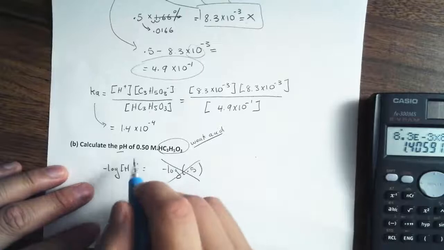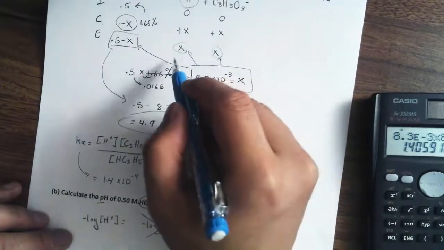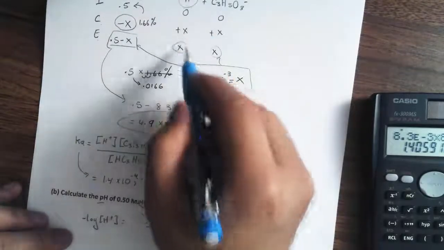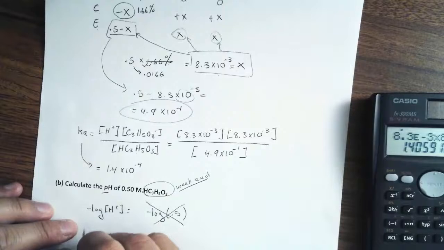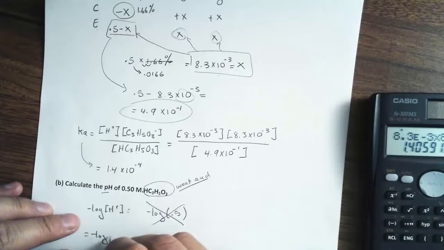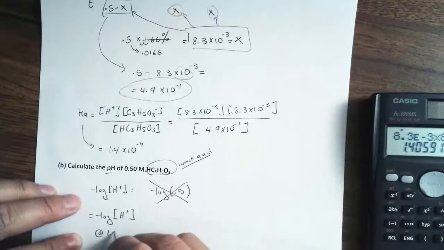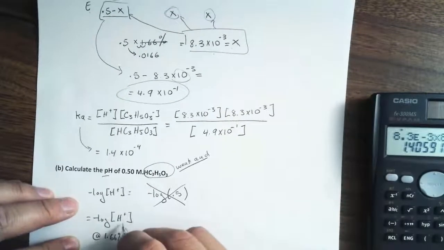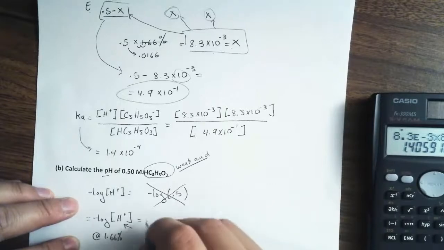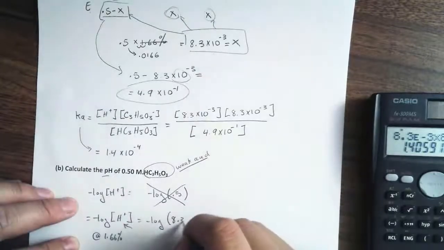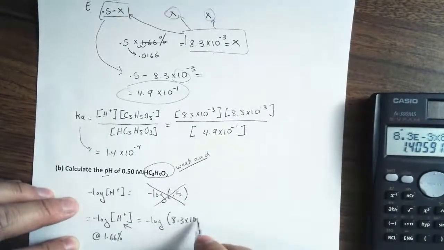So what we have to do is go back and look at what is happening at equilibrium in terms of the concentration of H, and that is our concentration right there. To get the pH, we need to take the negative log of the concentration of H plus that dissociates at 1.66%, which in this case is the negative log of 8.3 times 10 to the negative 3.